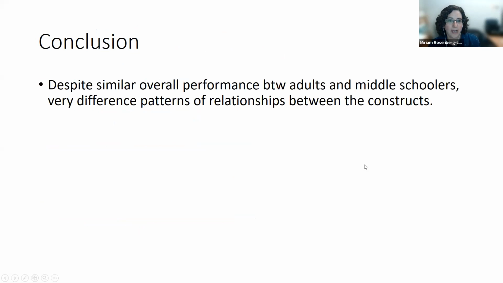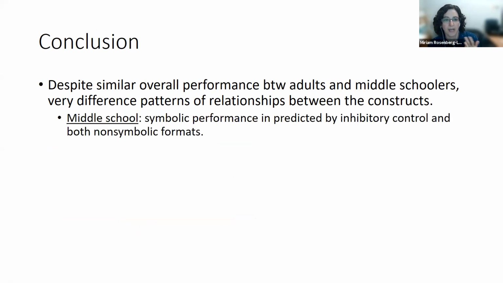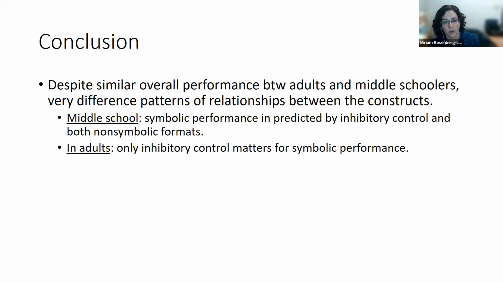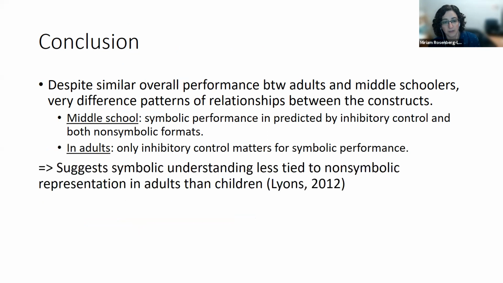And so I'll summarize and then I'll give you our next steps. So we see that despite similar overall levels of performance between the adults and the middle schoolers, there's a very different pattern of the relationship between the constructs, where everything predicted for middle school and really only inhibitory control in adults.